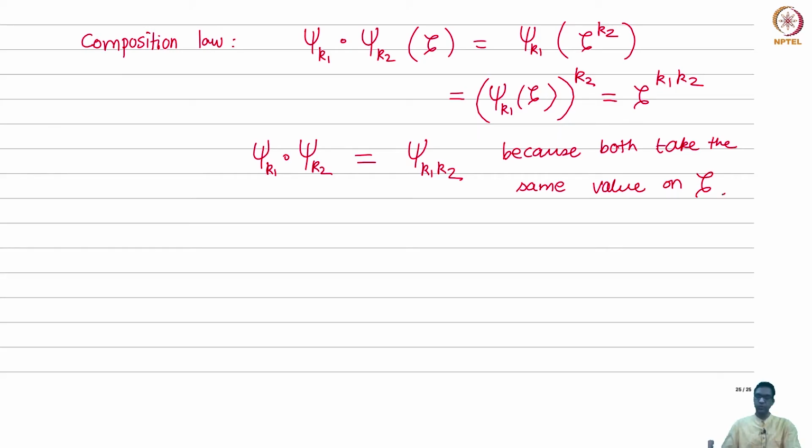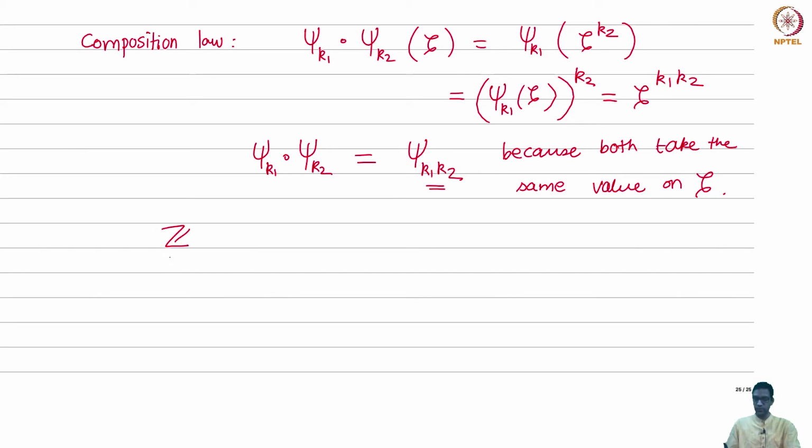And of course on q they are both necessarily the identity. Okay, so what law is this? Well, this looks exactly like the usual multiplication rule. Of course here I only have to look at the values of k which are relatively prime to n. So what exactly is this? Well, this is just the group.